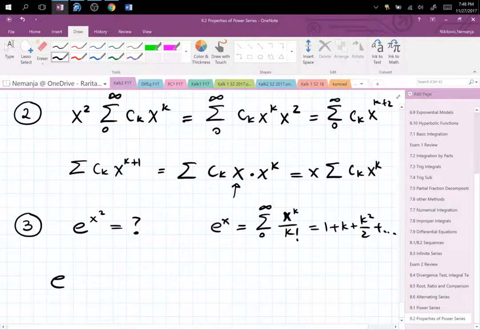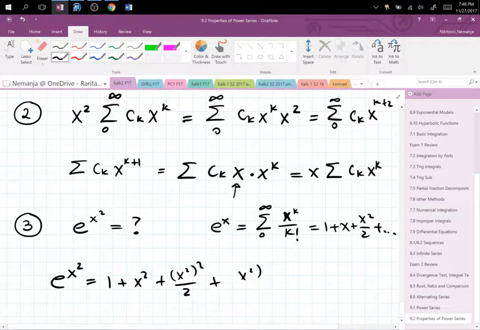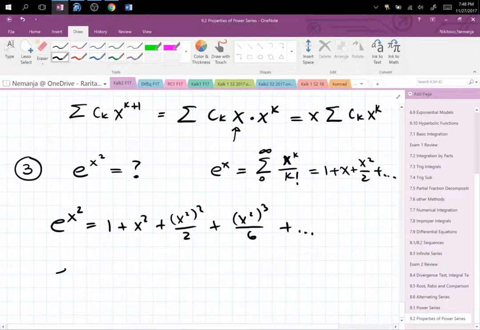To get e to the x squared, all I need to do is replace each x by x squared, and then simplify it.